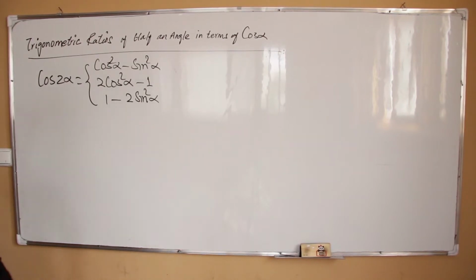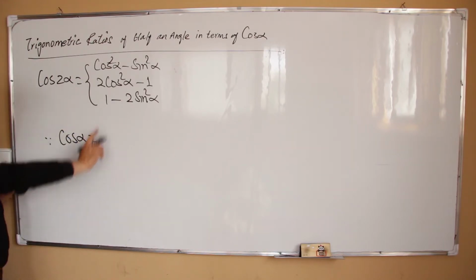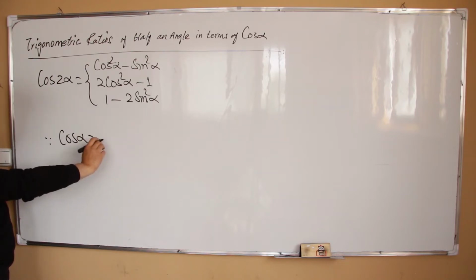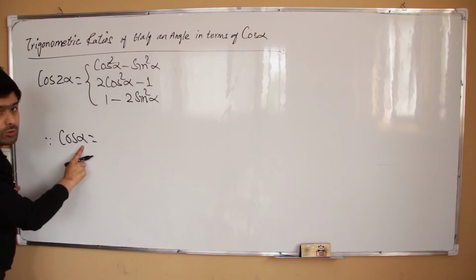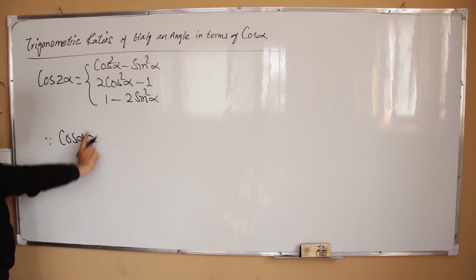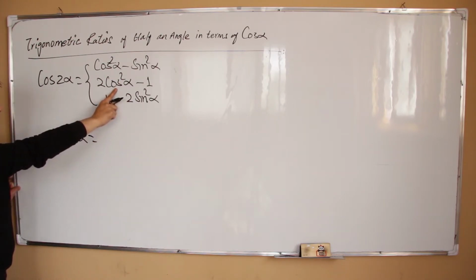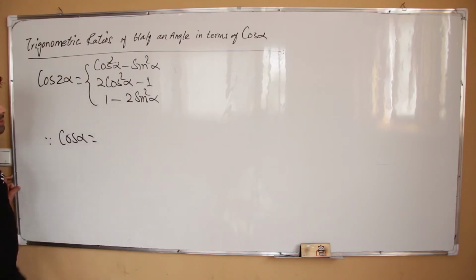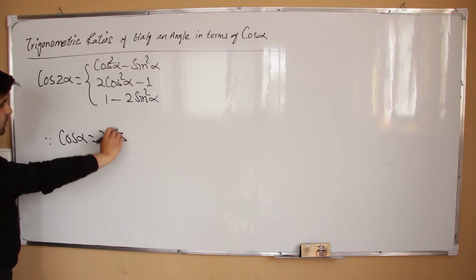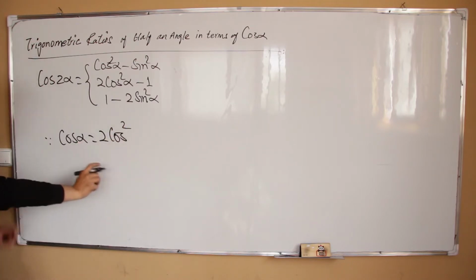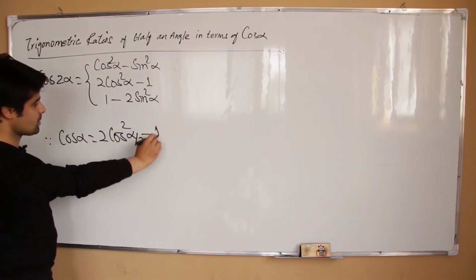Now to define the formula for cosine, we use the second one. I mean the cosine alpha in terms of cosine of half, we can use cosine square of alpha by 2 minus sine square of alpha by 2, and this one is also 2 cosine square of alpha by 2 minus 1, or 1 minus 2 sine square of alpha by 2. I will use this one, 2 cosine square of, what's the half for this one? It's alpha by 2, minus 1.